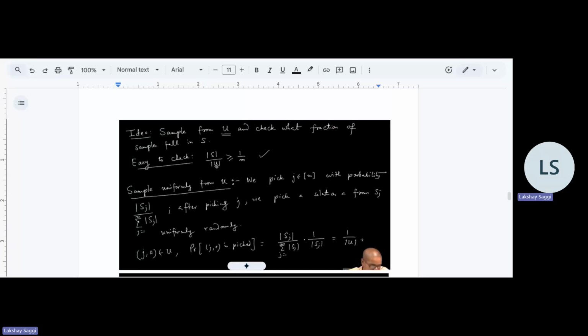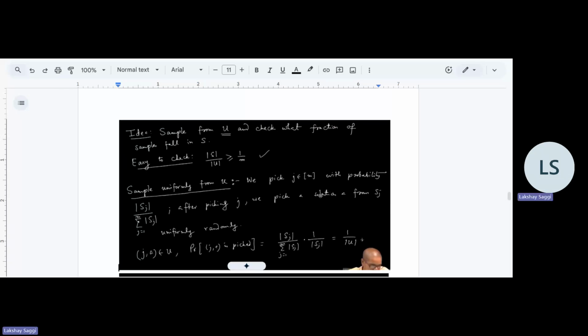So if we know the size of U, then calculating the size of S is somewhat easier, because this ratio is greater than or equal to 1 over m, so we won't run into the issues we had earlier. Like if there are very few solutions, then we won't be able to sample them.